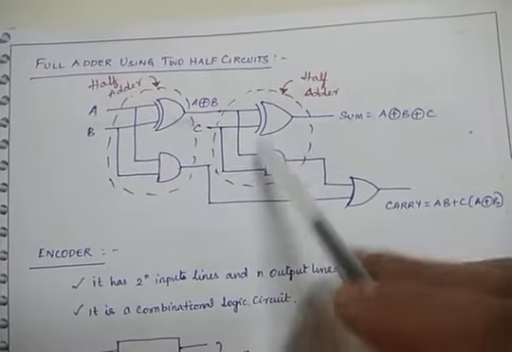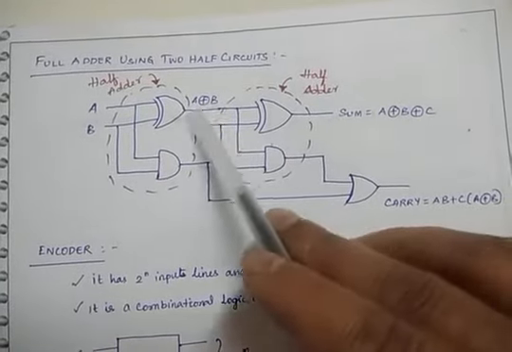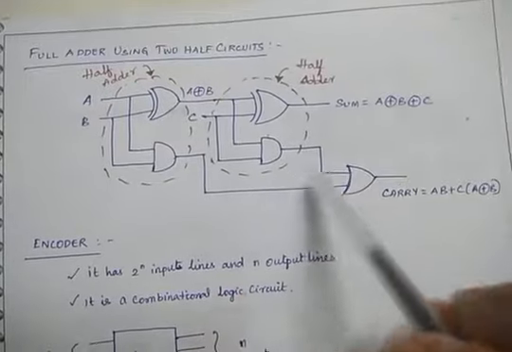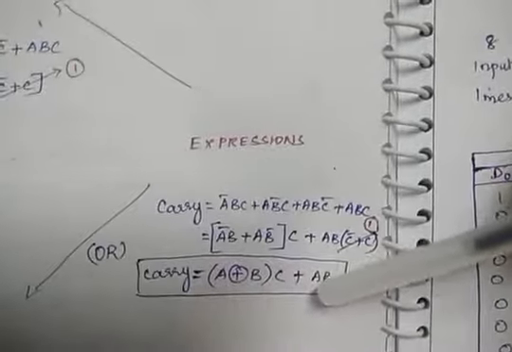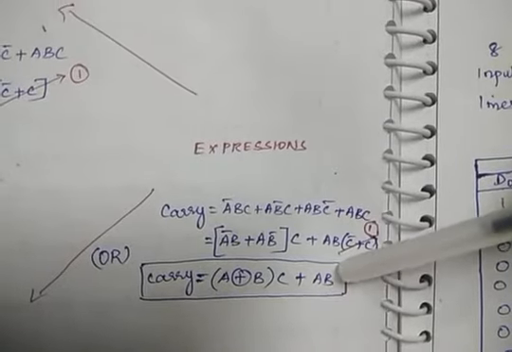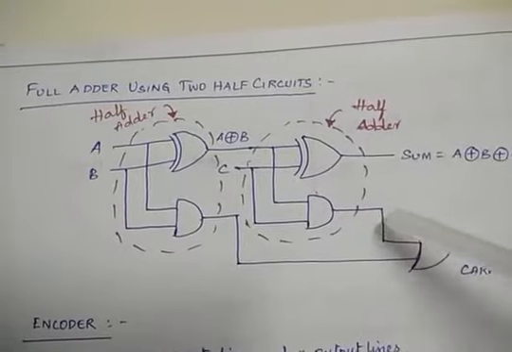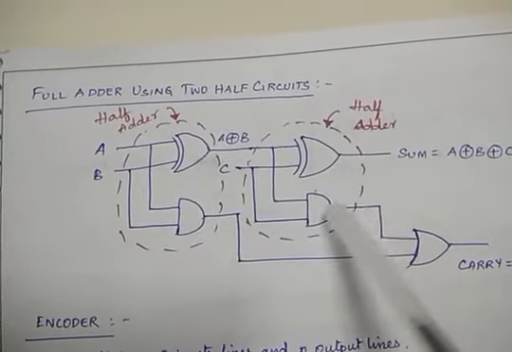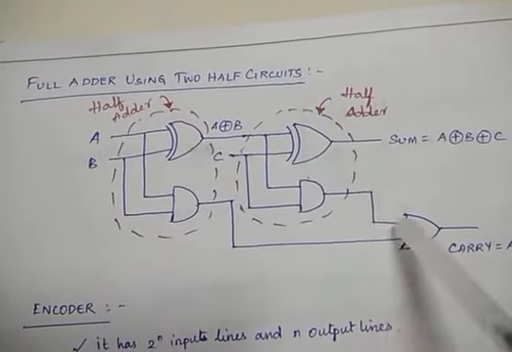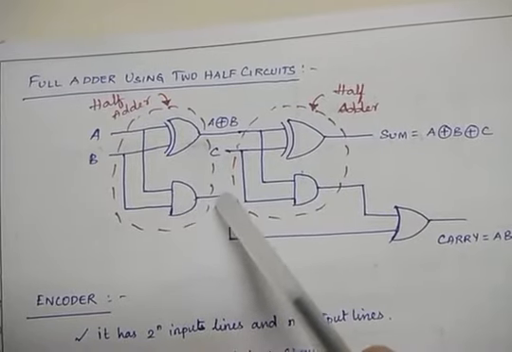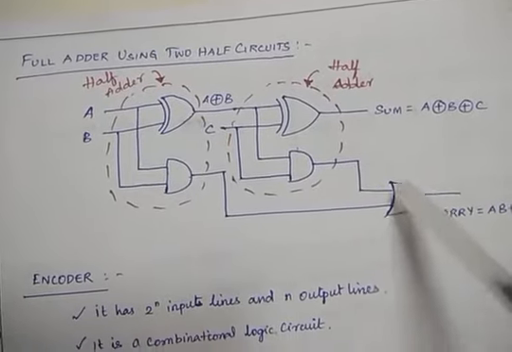Then here also I am using one more AND gate to get A exclusive-OR B into C. See, as I told you, we got this alternate expression to draw the full adder circuit with the help of 2 half adder circuits, right? Here I got C into A exclusive-OR B. So that value, and here A into B is given to the OR gate.